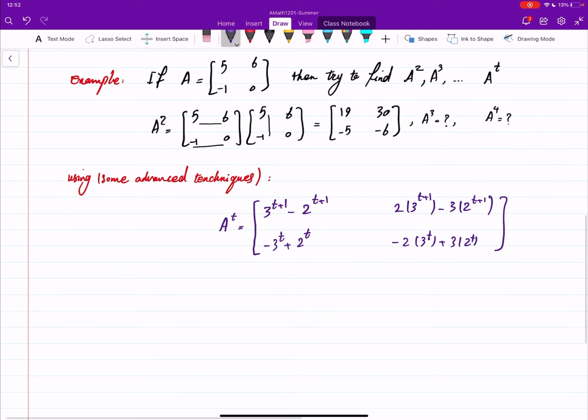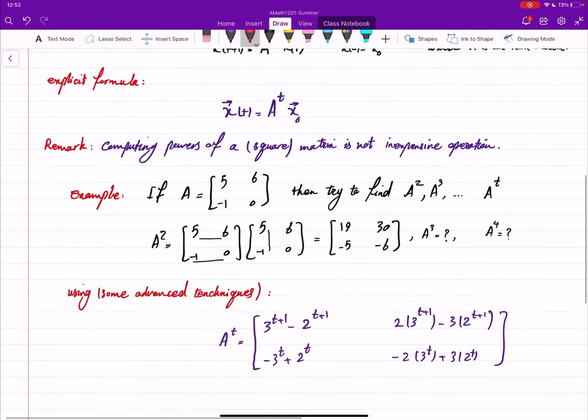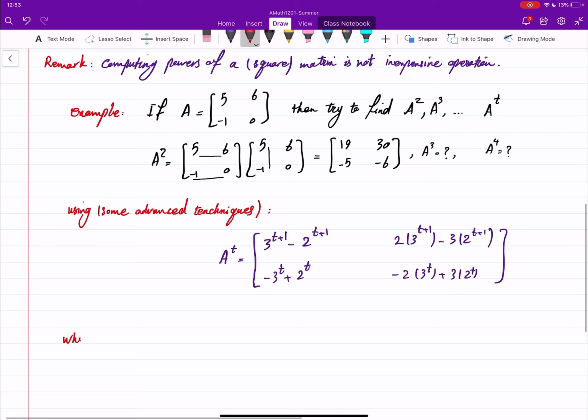But if someone gives you a t, then A to the power t times x0 is going to be our explicit formula.